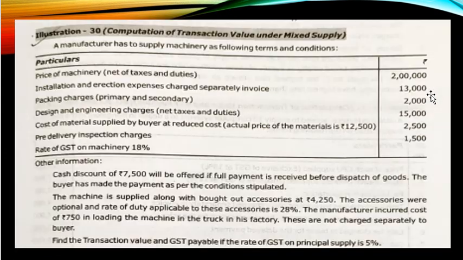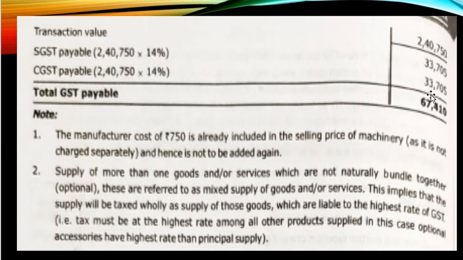In this question they have not stated from which state the goods are being supplied. When it is not stated, we will always consider that CGST and SGST will be charged. So with the total transaction value, the total GST rate is 28% because it is a mixed supply. 28 divided by 2 gives 14, 14 for state and 14 for central.